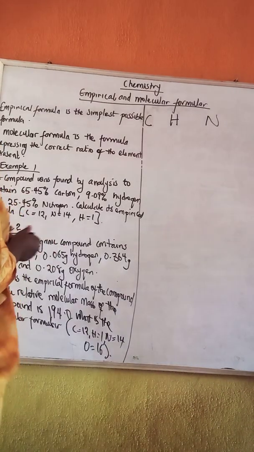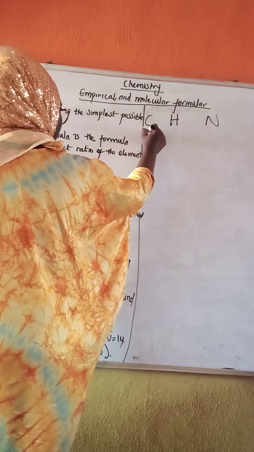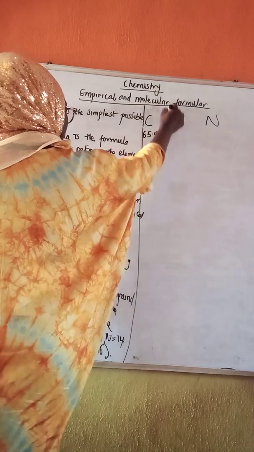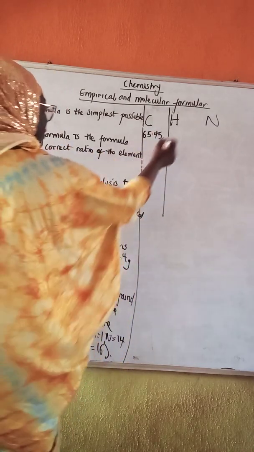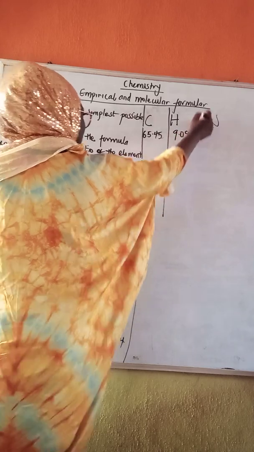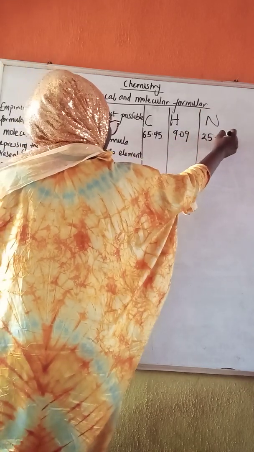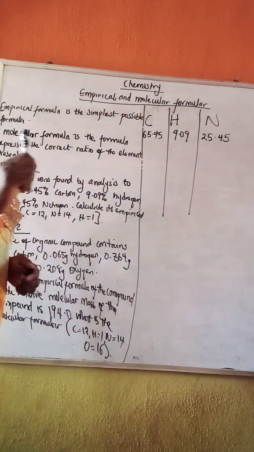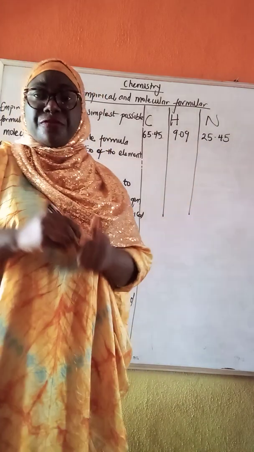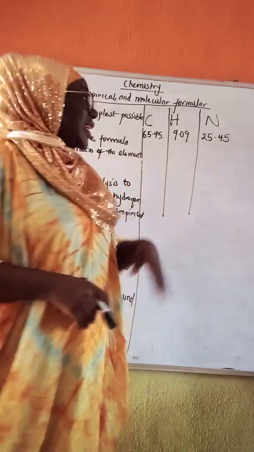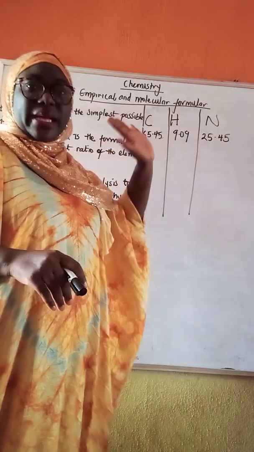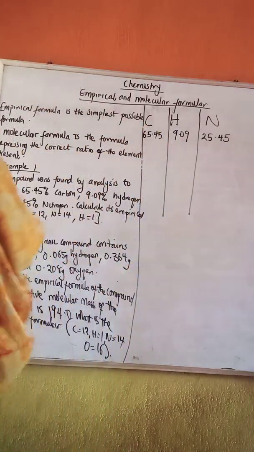Now, we were given the percentage. Carbon is 65.45, hydrogen is 9.09, while the nitrogen constituent is 25.45. The first step for you to get the empirical formula of a particular compound is dividing through by their mass numbers. Now, what's the mass number of carbon?